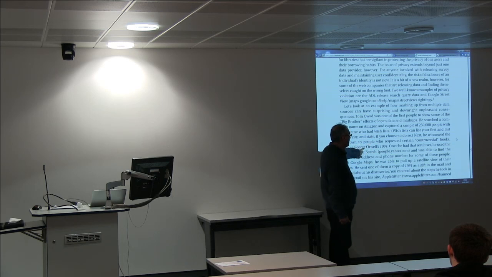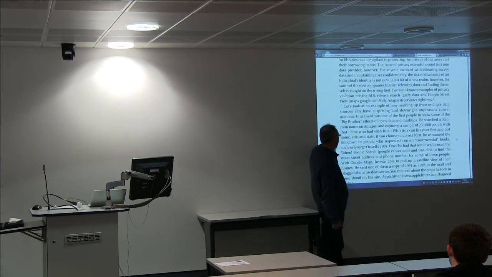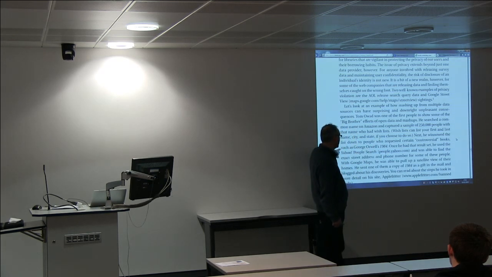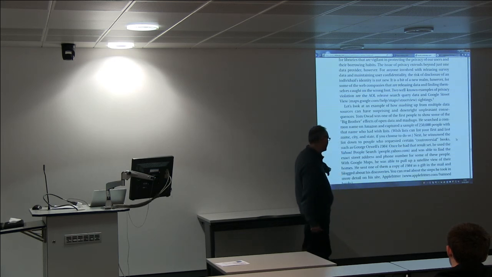Then he winnowed the list down to people who requested certain controversial books, such as George Orwell. Once he had the results, he used the Yahoo People search, and he was able to find the exact street address. And then with Google Maps, he was able to pull up a satellite view of their homes.